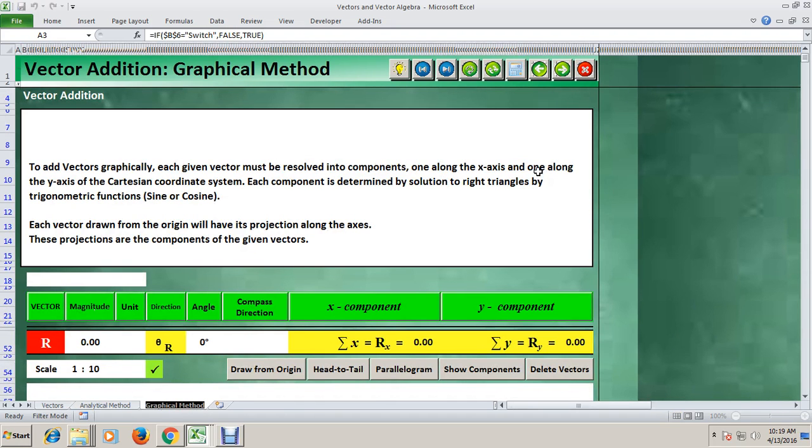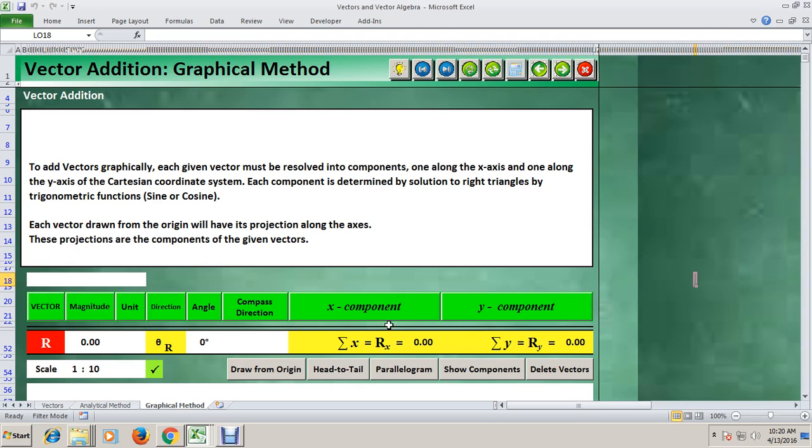The components of the given vectors would be one along the x-axis and one along the y-axis of the Cartesian coordinate system. Each component is determined by solution of right triangles using trigonometric functions to specify the value of the length of the arrows. Each vector drawn from the origin will have its projection along the axis. These projections are the components of the given vectors.